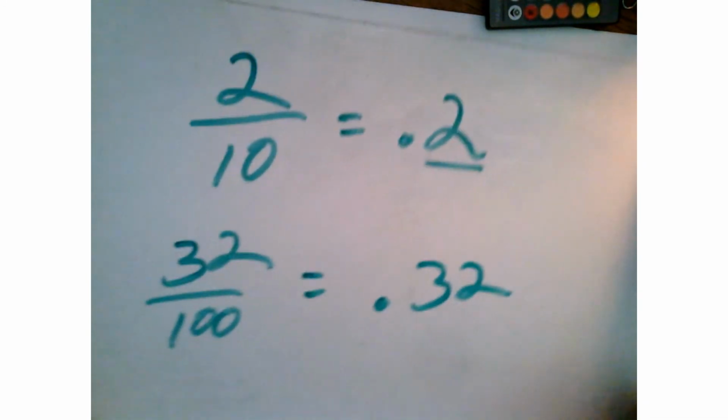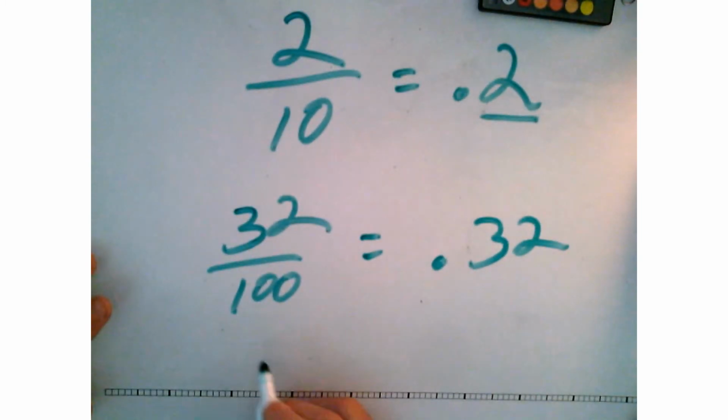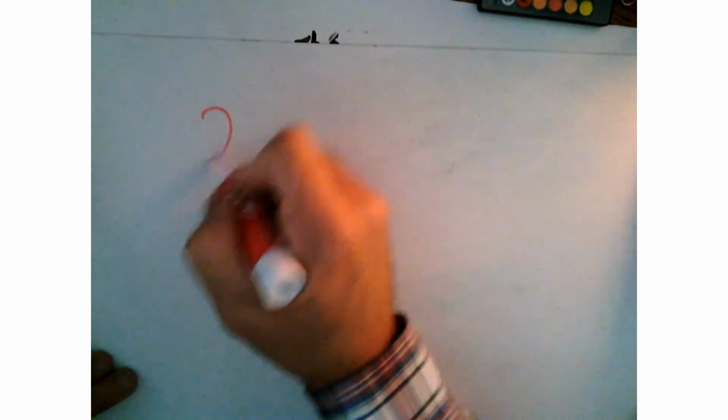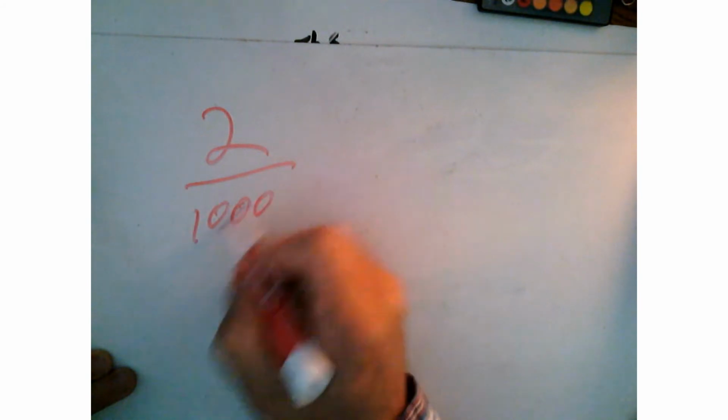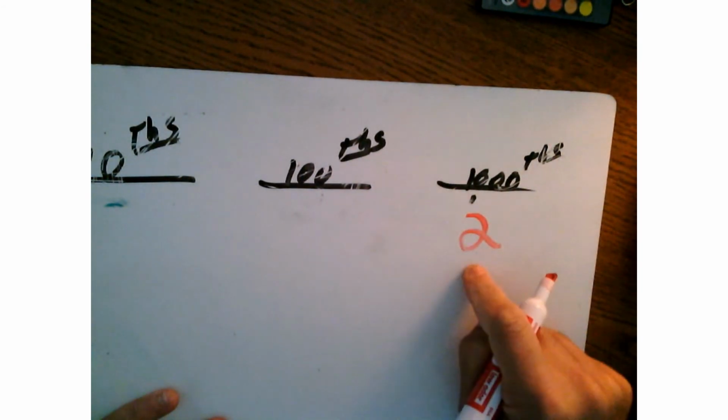And last, let's do one that's a little bit harder. Let me erase these here. Here's a hard one: 2 1/1000ths. We talked about last names. I want it to say 2 1/1000ths.